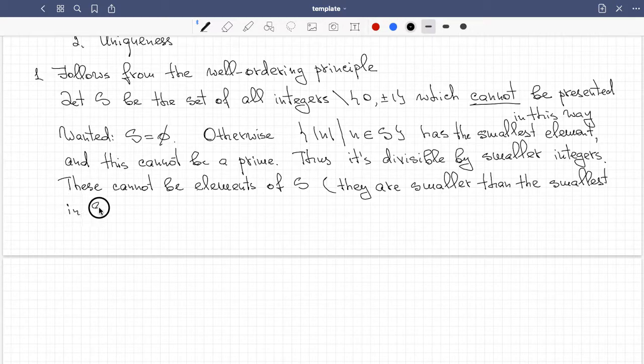In S. Thus, can be presented as products of primes.